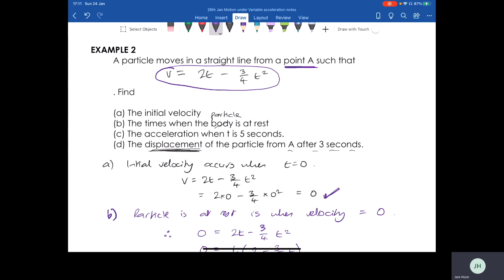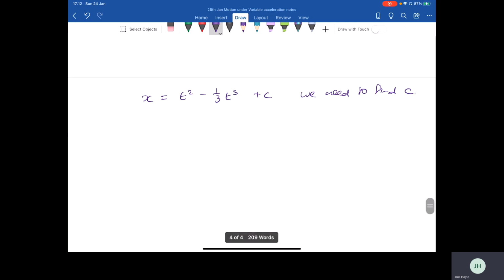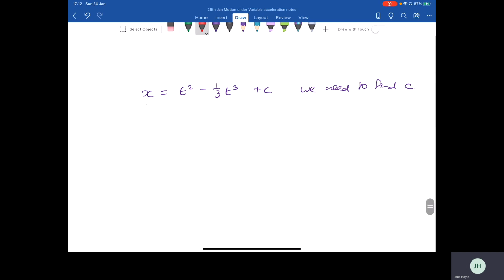But what we're doing here, we are measuring the velocity from a point A. So every time t, this equation is measuring the speed. So this x would be defined as the displacement measured from the point A. And we know that initially, t being 0, because we're measuring from A, it's got to mean that the displacement is also equal to 0.